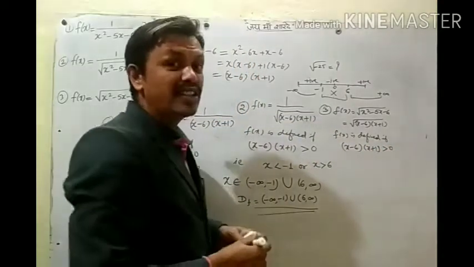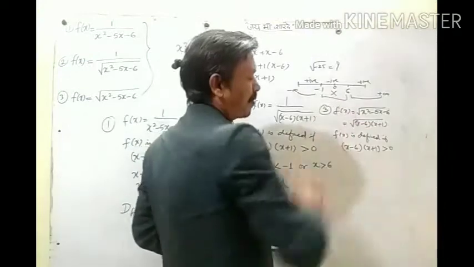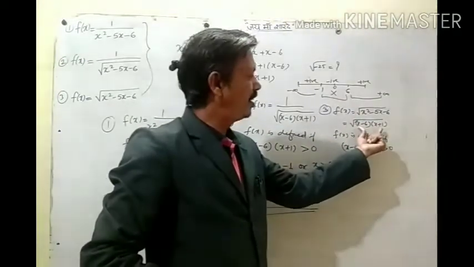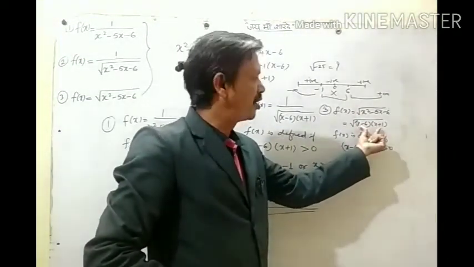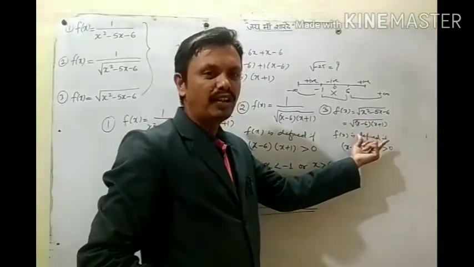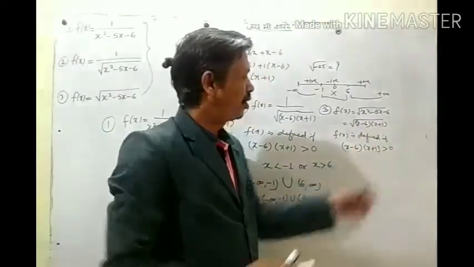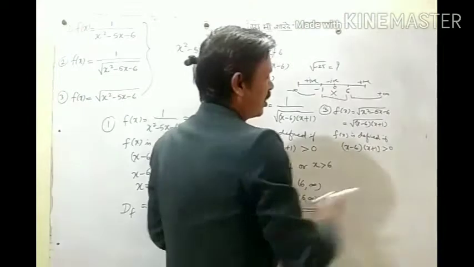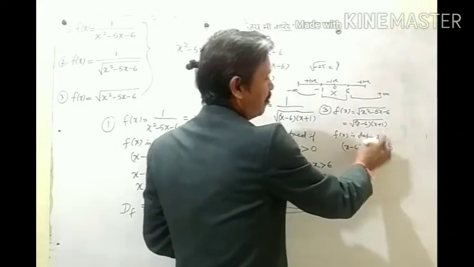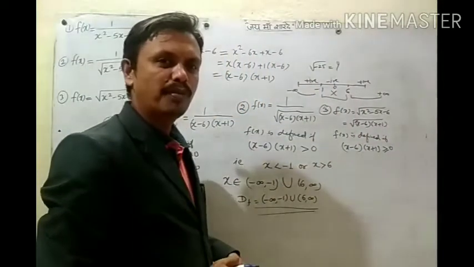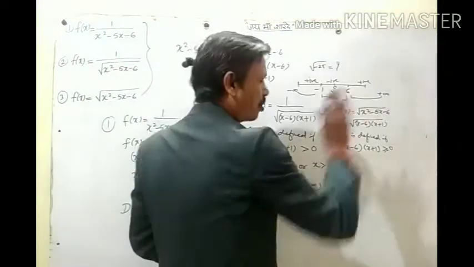But this time it is in the numerator, so it can be 0. If somewhere it becomes 0, then root 0 is 0 only, so it has some value. So in the case of a numerator, any root number can be 0 also. No problem. So this can be more than or equal to 0.